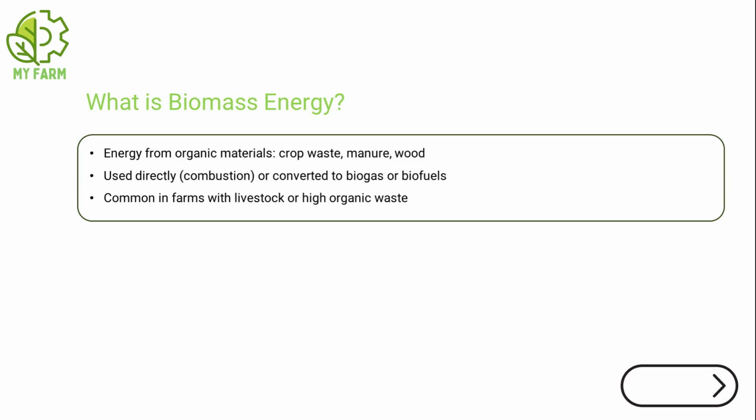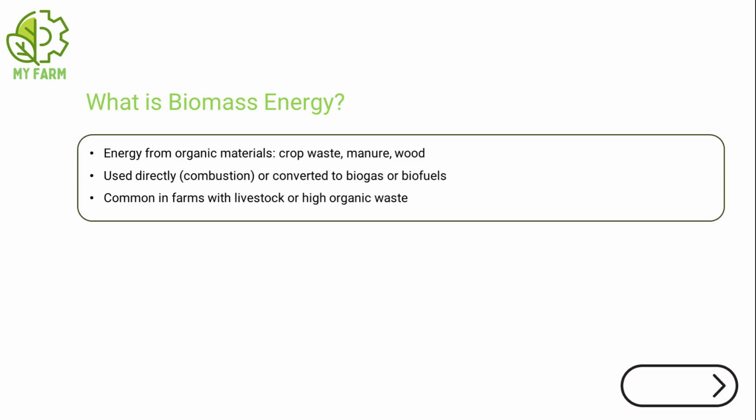These diverse materials, often seen as waste, hold tremendous untapped potential. Instead of being burned in the open or sent to landfills, they can be collected and converted into renewable energy, helping farms reduce their dependence on costly fossil fuels.